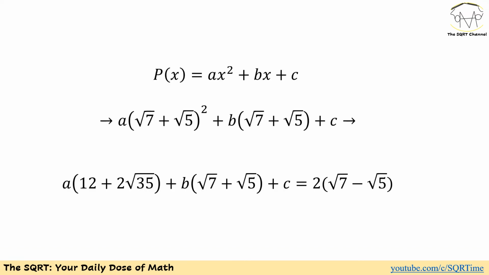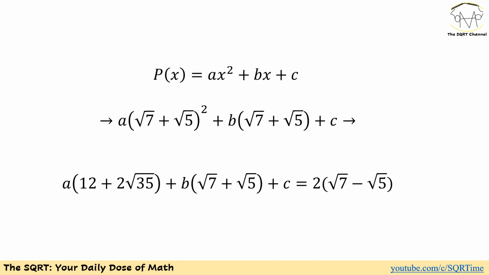Now we are going to use a polynomial with degree 2. As a result, we are going to have ax squared plus bx plus c, and now we need to use x equal to radical 7 plus radical 5. If we use this and then simplify the expression, we are going to end up with 12 plus 2 times radical 35 times a plus radical 7 plus radical 5 times b plus c.